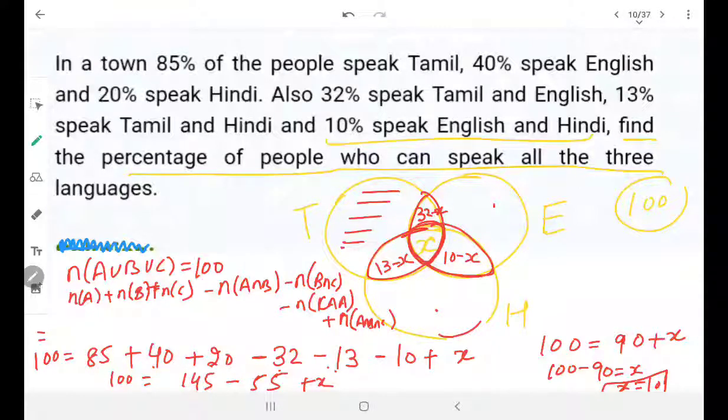Why am I not solving this question with the diagram? Because they just ask a direct question of how many all together, so we already have the formula and all the values we need. But if they ask only television, only Tamil, only Hindi, only English, then we can use it. So I think this question is clear to you.